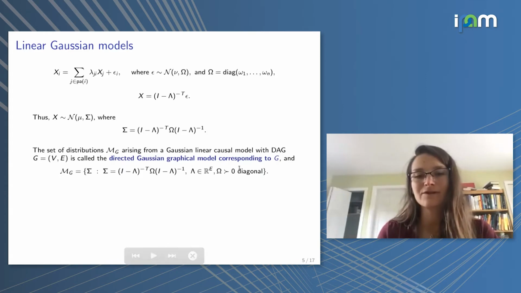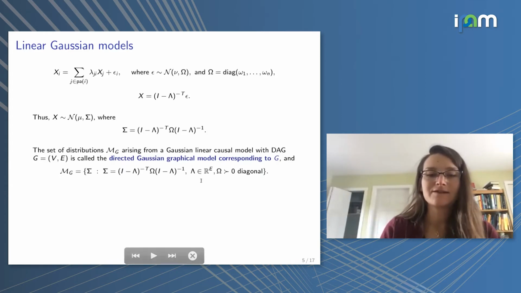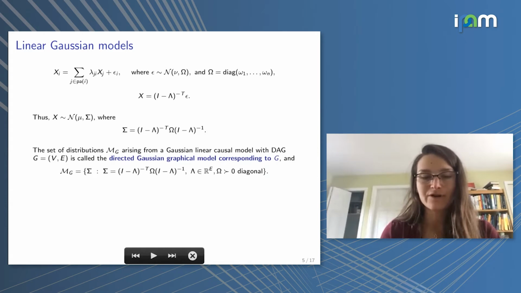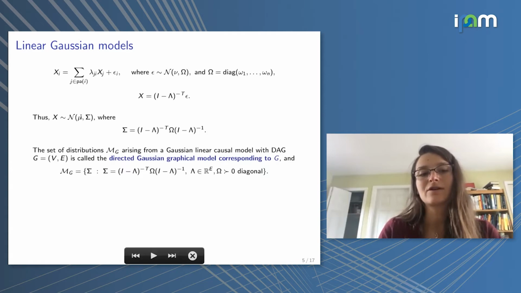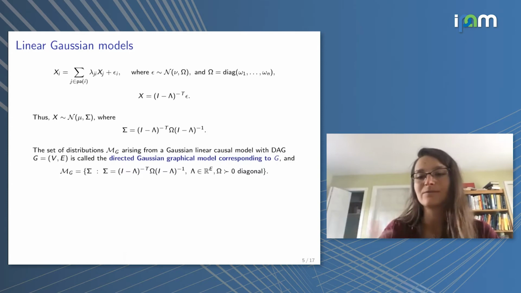So the directed Gaussian graphical model corresponding to G is this set of covariance matrices. And really, because we are working with Gaussians, this specifies precisely when a random vector comes from this model, because the covariance matrix for a Gaussian describes, other than the mean, everything about the model.